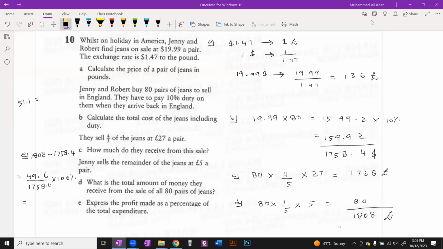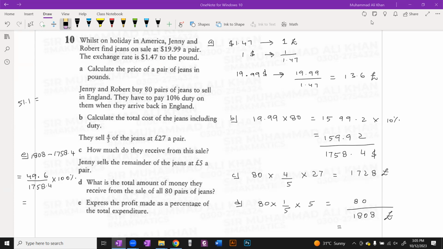Okay, students, here the last part: express the profit made as a percentage of the total expenditure. अब आप देखिए प्रॉफिट कितना हो हमारे पास, लास्ट कितनी अमाउंट बची हमारे पास 1808, और हमने यहां पर टोटल कॉस्ट कितनी आई थी हमारे पास 1758.4. हमने क्या किया, 1808 माइनस 1758.4 किया तो क्या आ गया, प्रॉफिट आ गया. बट देयर इज अ प्रॉब्लम हियर बच्चों, 1758.4 is in dollars and 1808 is in pounds.